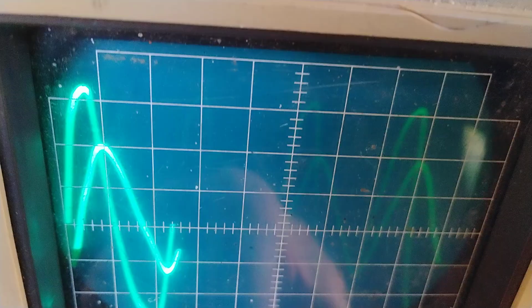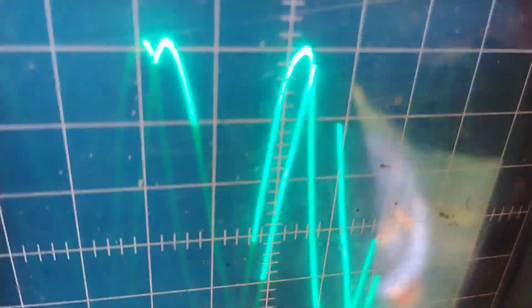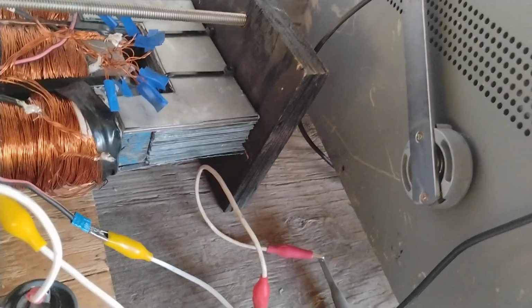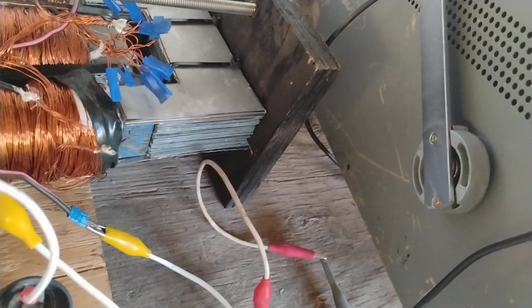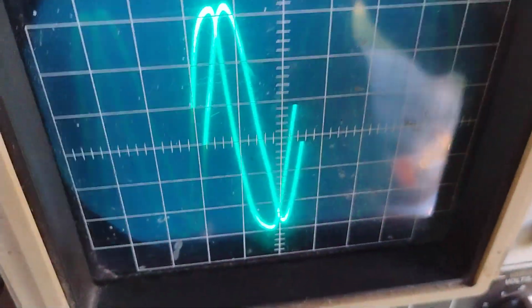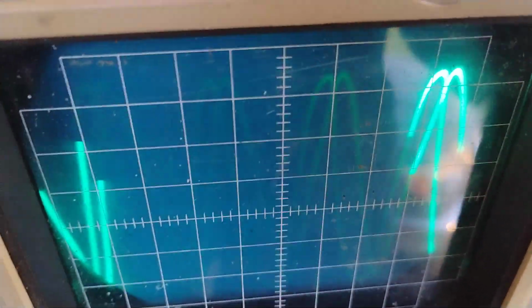That'd be called power factor correcting. Let's put the amps up like that. Okay, this is amps with no paralleled 4 µF cap.